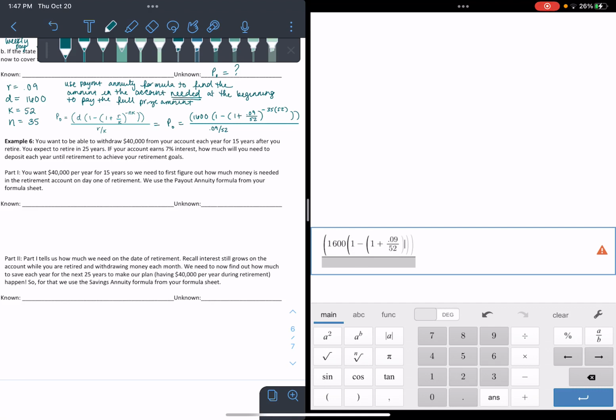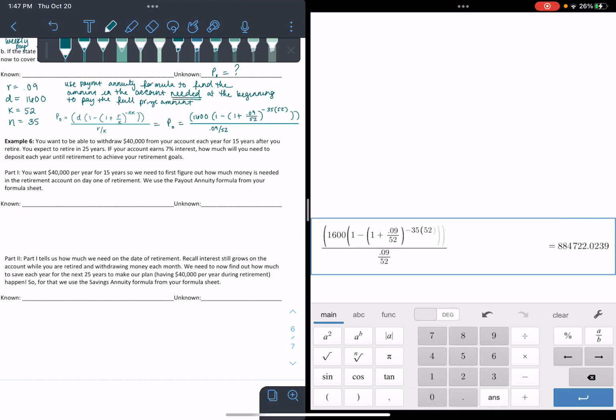And then raised to, so hit that A to the B button, negative 35 times 52, right arrow to get out of it all, and then we're going to go underneath. And then last thing is the bottom, 0.09 divided by 52. All right, and what do we get as our final answer?